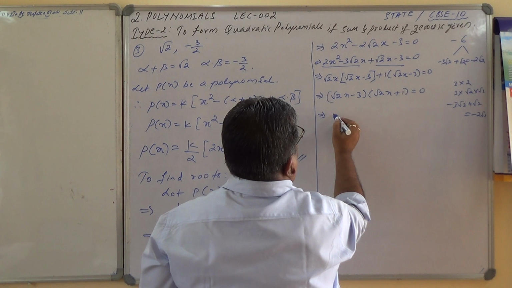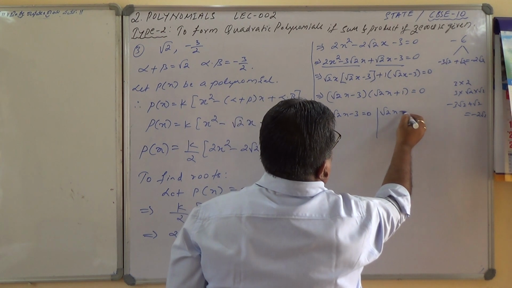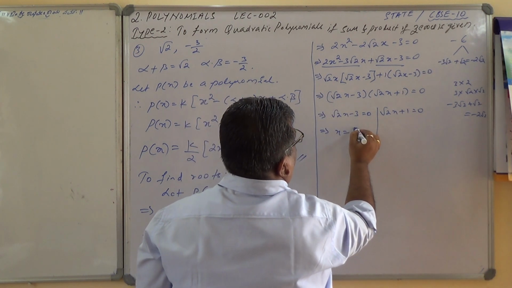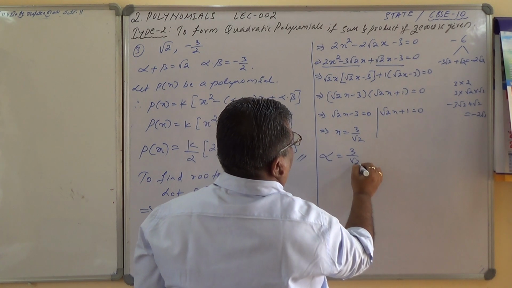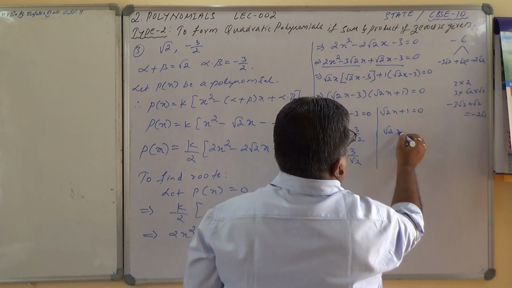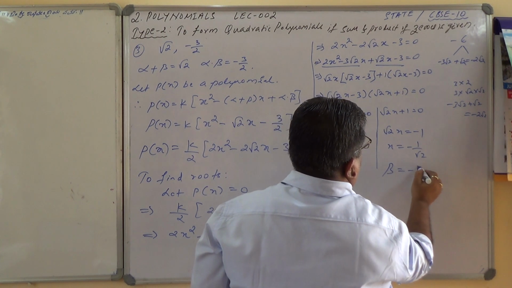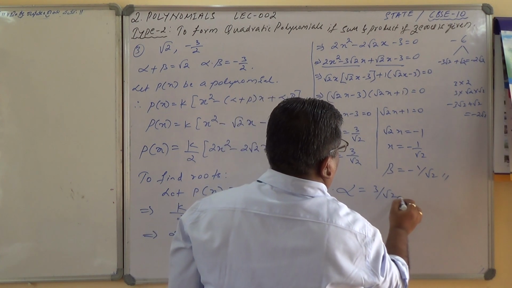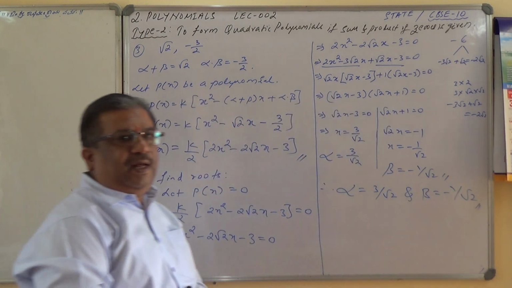Implies root 2x minus 3 equals 0 and root 2x plus 1 equals 0. So implies x equals 3 by root 2. So alpha equals 3 by root 2, and here root 2x equals minus 1, x equals minus 1 by root 2. Therefore beta equals minus 1 by root 2, and therefore the roots are alpha equals 3 by root 2 and beta equals minus 1 by root 2 should be your answer.